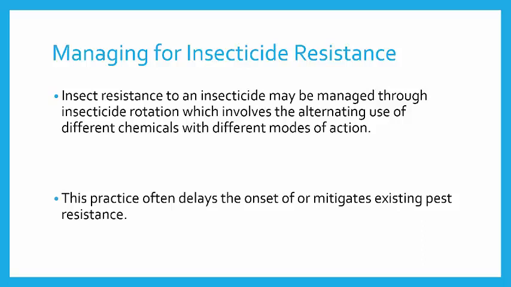Resistance may be managed through insecticide rotation, which involves the alternating use of different chemicals with different modes of action. This practice often delays the onset of or mitigates existing pest resistance. Different insecticide classes may have different effects upon pests.